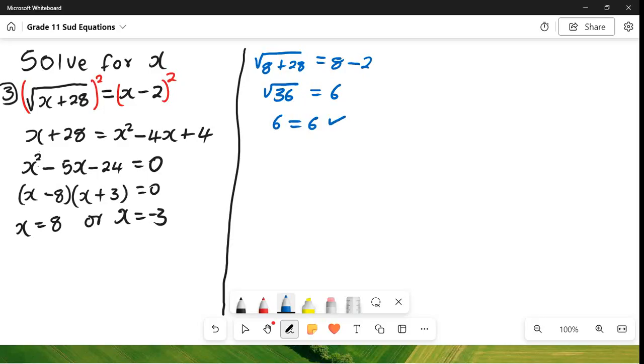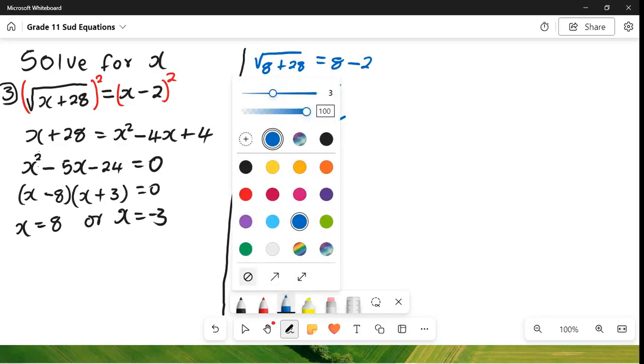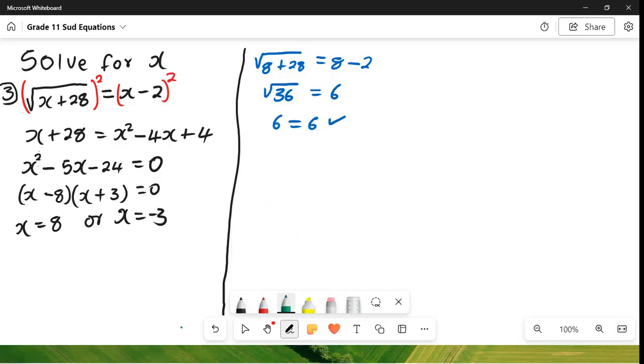But now let us check. Now I'm choosing you, Mr. Green. Let us check if minus 3 will also give a real root and equate the left hand side to the right hand side. So we'll say the square root of minus 3 plus 28 equals minus 3 minus 2.